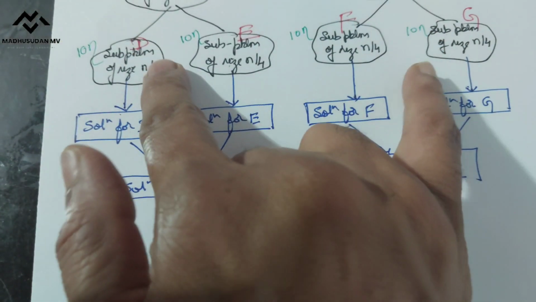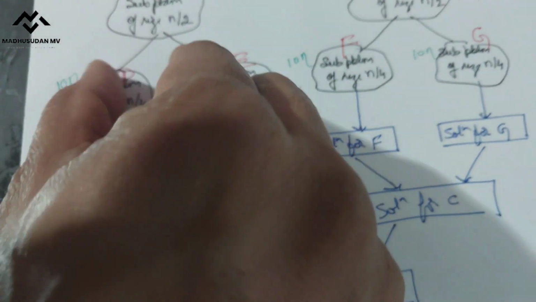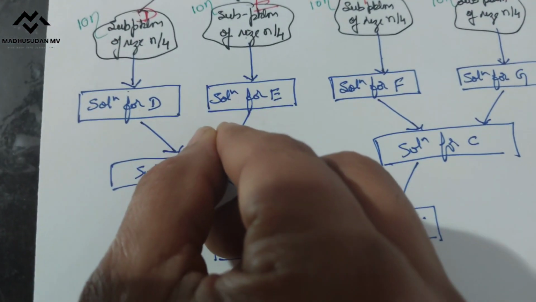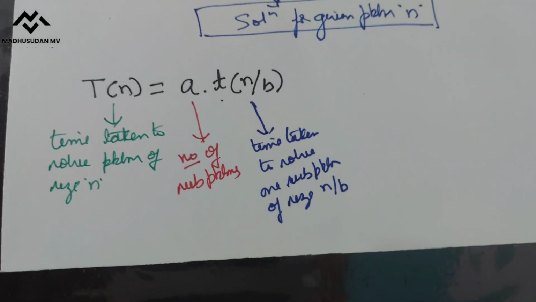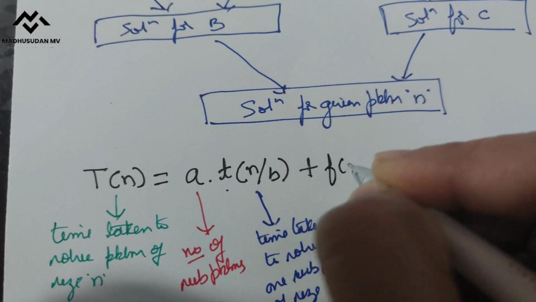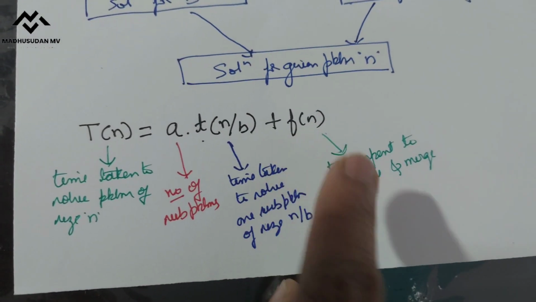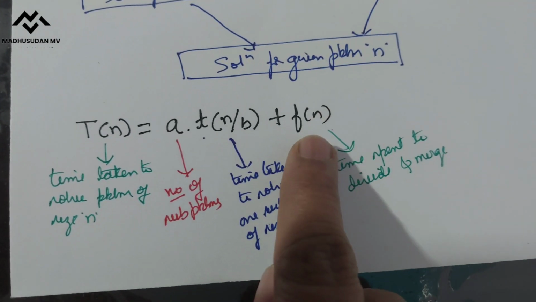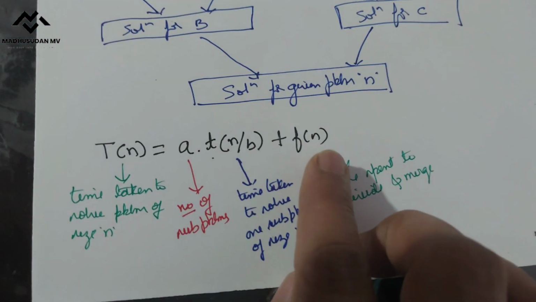But we did only this one; we also spent some time to divide, again to divide, again to divide. To divide we spend time, and to merge these solutions also we spend some time. That also we need to consider, so we write it as f of n. Here f of n represents the time taken to divide and merge, that means time spent to divide and merge.